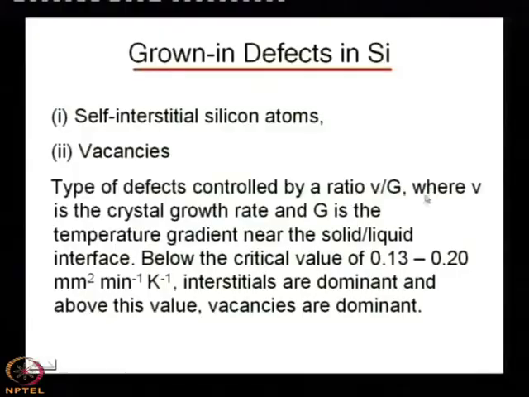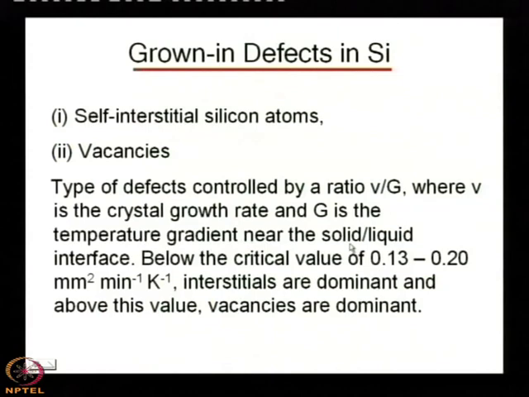But if the growth rate is very fast, then the vacancies will be dominant, and if there are more vacancies in the crystal, then that crystal cannot be used for the fabrication of microelectronic integrated circuits, because we are concerned with the primary application of silicon wafers in the electronic industry.